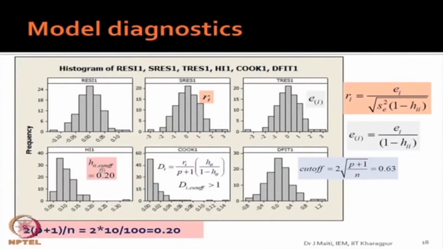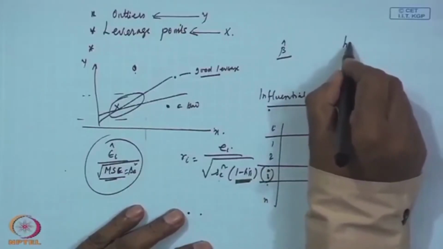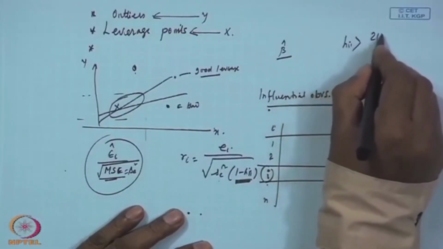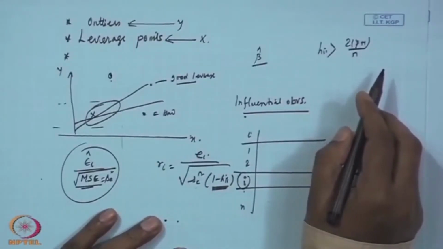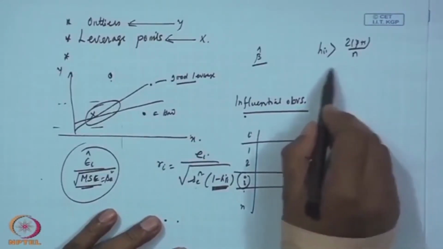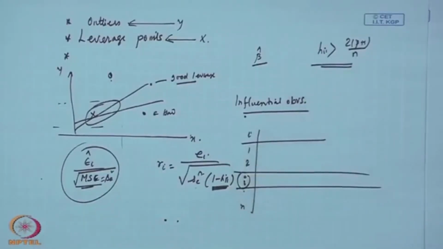Then there is your hii, the leverage point values. The cutoff for hii is 2 into (p plus 1) by n. So if your hii value is more than 2(p plus 1) by n, this is influential.